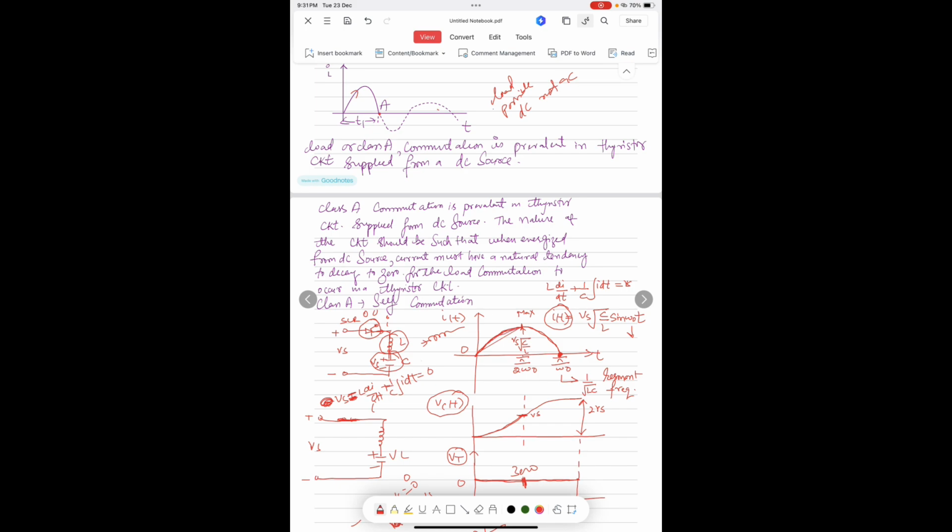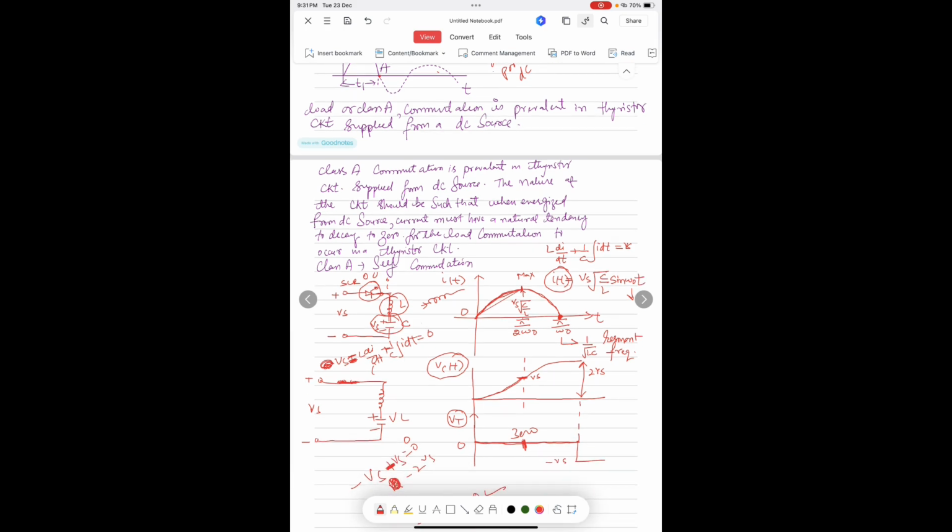Which maximum value? That is i(t) equal to Vs under root C by L sine omega t at the time period of pi upon 2 omega naught. At that particular time, how does the capacitor behave? The capacitor starts charging up to the source voltage. At that particular time, the voltage across the thyristor is 0. As I have already discussed, it behaves like a short circuit.